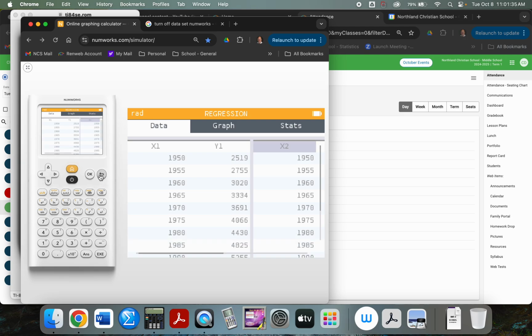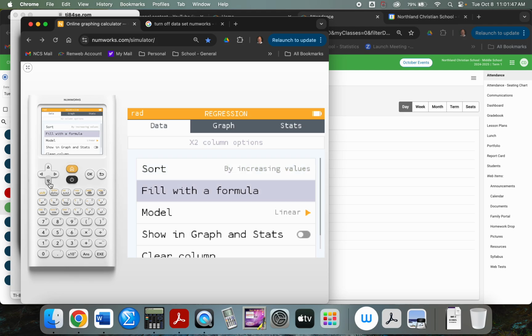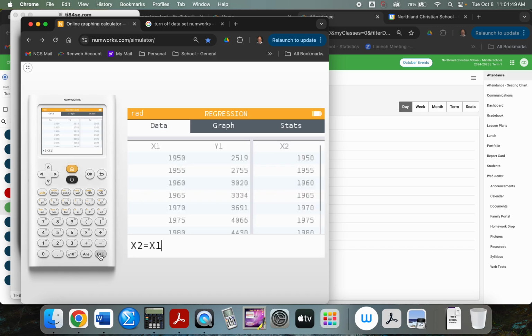You don't have anything in X2 yet, so I moved to X2, said fill it with a formula, and told it to make X2 equal to X1. Notice it has to be a capital X.